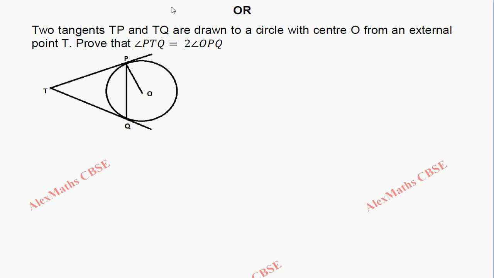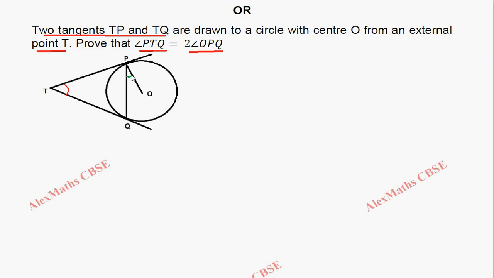Next part of our question. As per the question, we have two tangents, TP and TQ, drawn to the circle with center O from an external point T. And we have to prove angle PTQ, this angle in the diagram, is equal to twice angle OPQ. Angle OPQ is here.